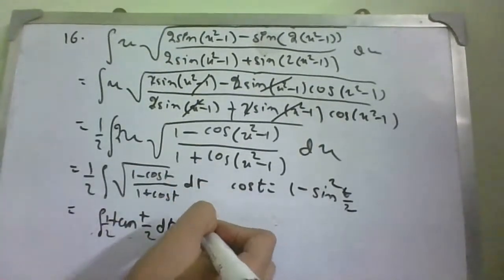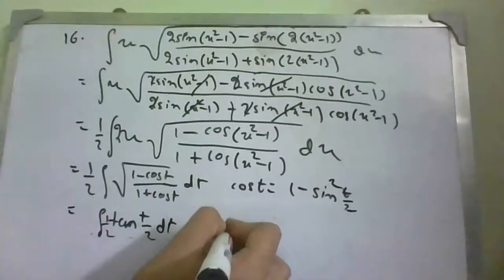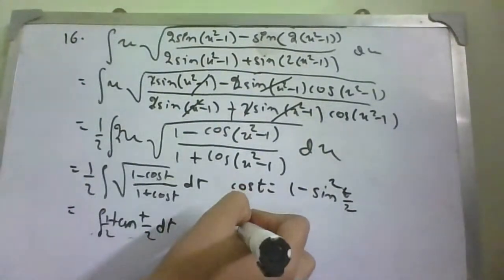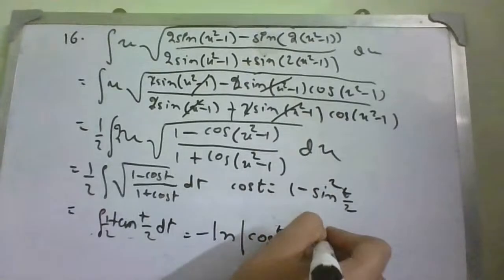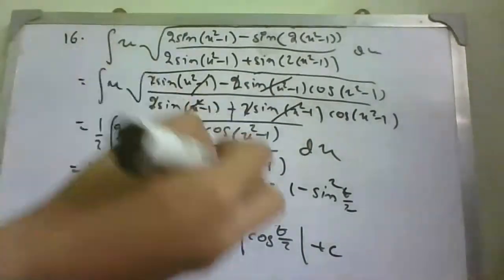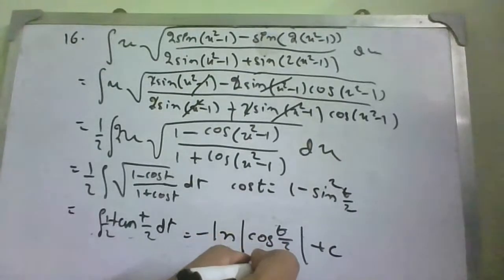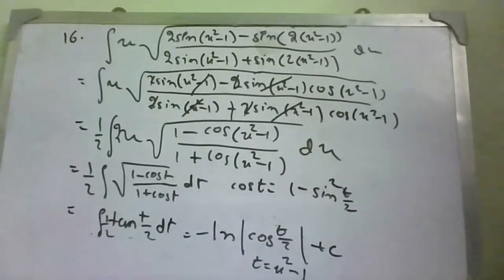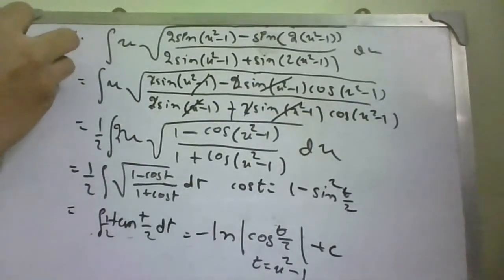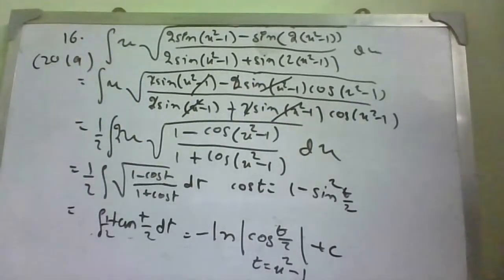And the integral of tan x is minus natural log of cos x, so we get minus natural log of cos of t by 2. Now what is t? We assumed that t is x square minus 1, so we can plug in over here and solve it. This particular question came in the year 2019.